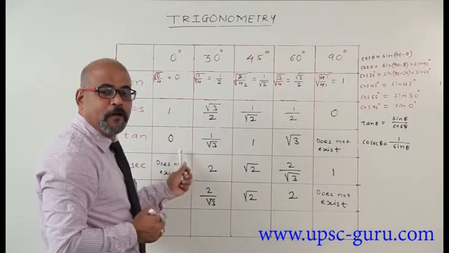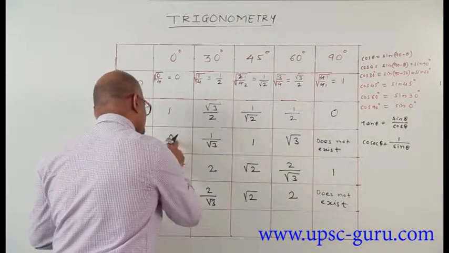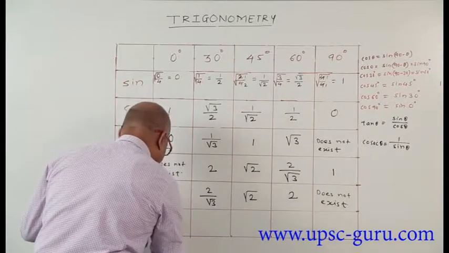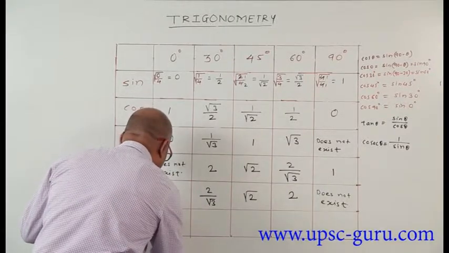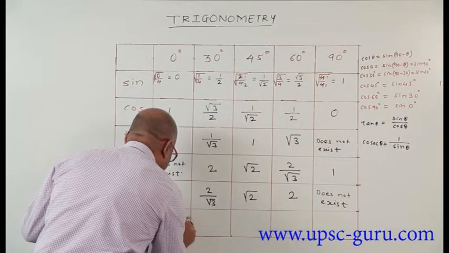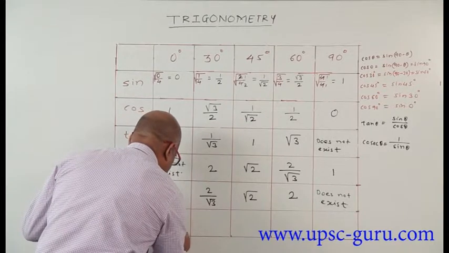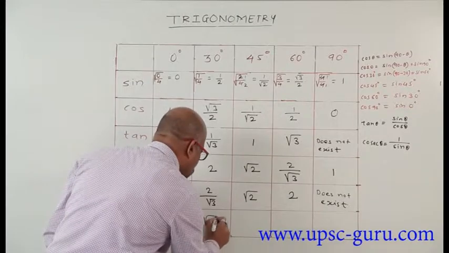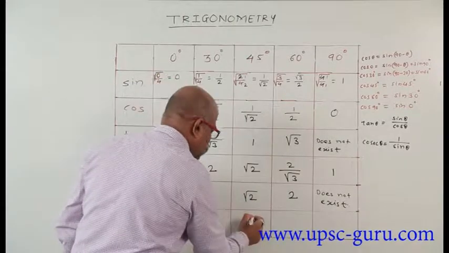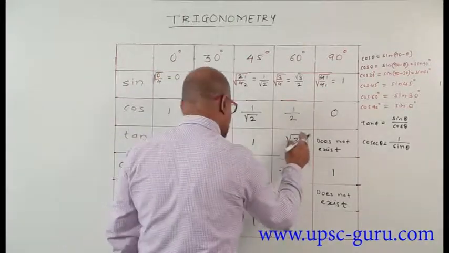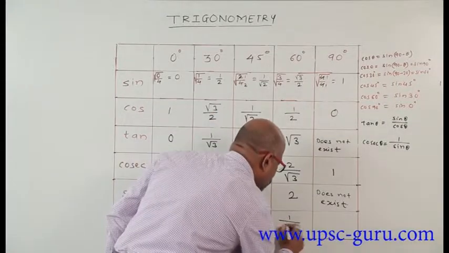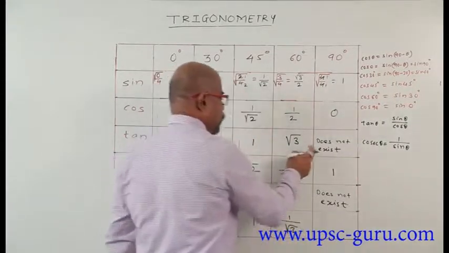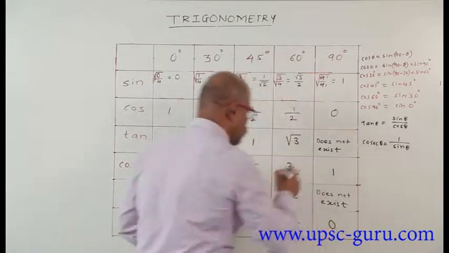Now let us go for cot theta. Cot is the reciprocal of tan. Reciprocal of 0 does not exist, that is 1 by 0. Here we write does not exist. Then reciprocal of 1 by root 3 is root 3. Reciprocal of 1 is 1. Cot 60, reciprocal of root 3, 1 by root 3, and tan 90 does not exist, reciprocal of that is 0.